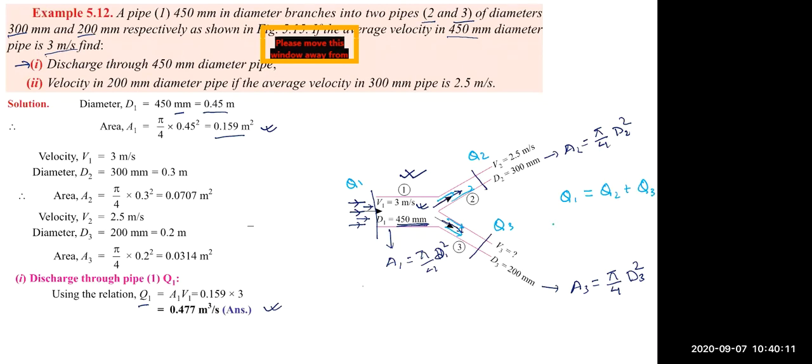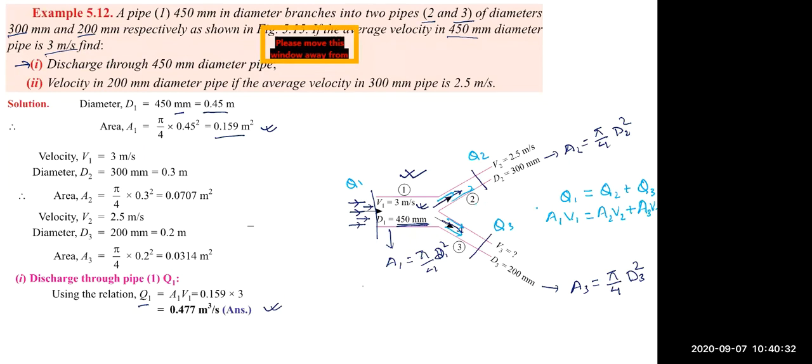And you know the formula of Q1, it will be A1 into V1. You know the formula of Q2, it will be A2 into V2. You know the formula of Q3, that will be A3 into V3.